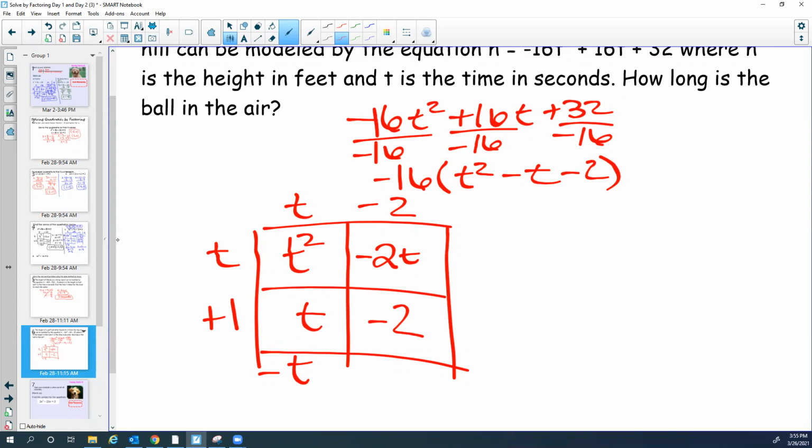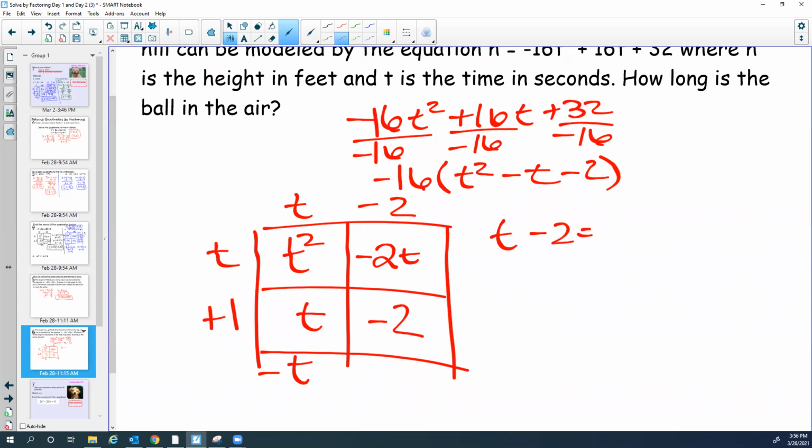And I factored it actually by negative 16, in particular because I wanted t squared to be positive. So I made that change when I took my GCF out. So when I did that, I was left with t squared minus t minus 2. Put that in my box, and I ended up with t plus 1, t minus 2.